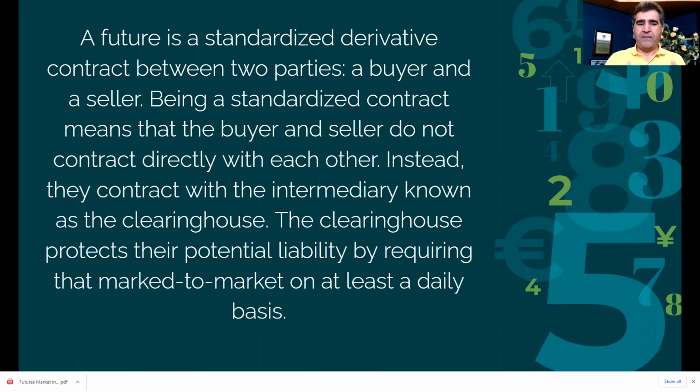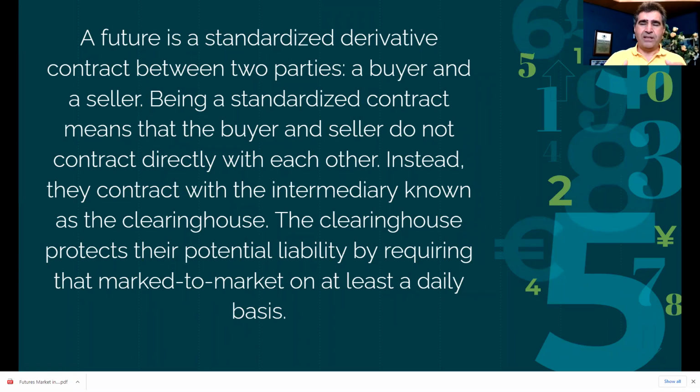Now, they can work directly together, which we call forward contracts, so two parties work together. But a lot of times there could be misunderstandings, especially when so many other people are involved. And that's when something called the clearinghouse, or the exchange, was created.